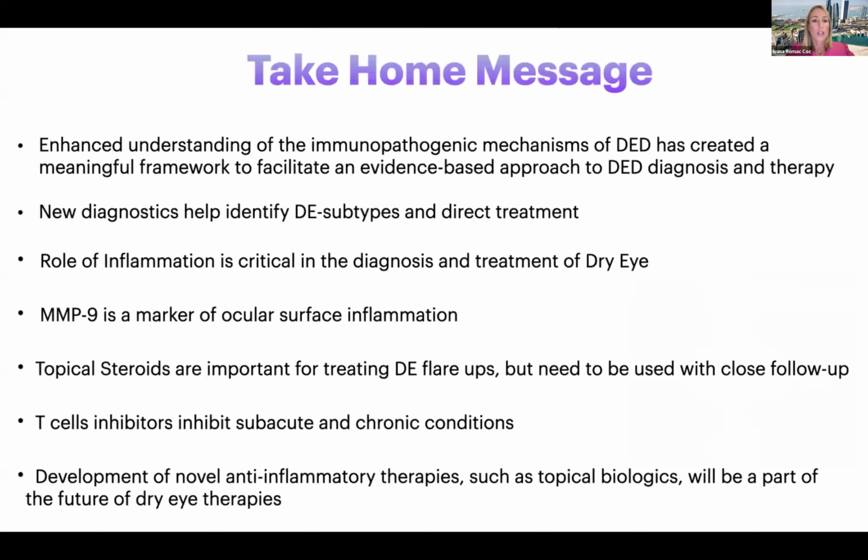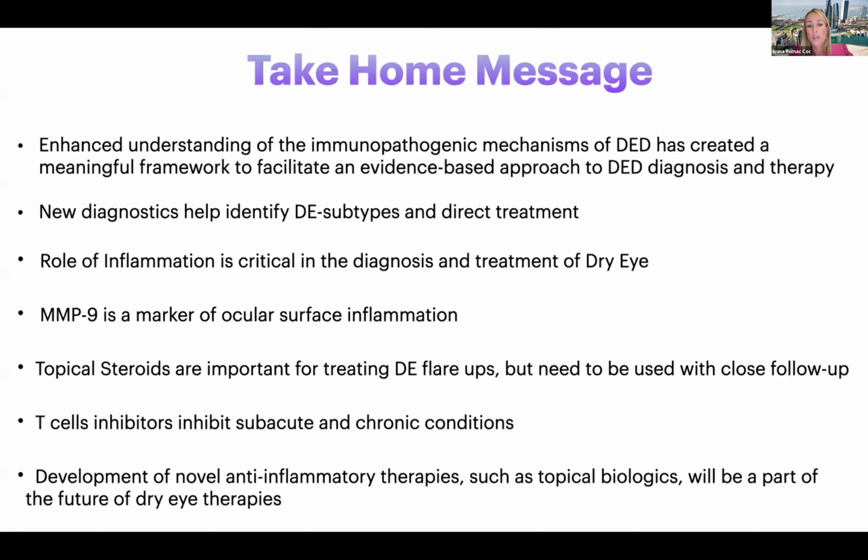So in conclusion, enhanced understanding of the immunopathogenic mechanism of dry eye disease has given us a meaningful framework to facilitate an evidence-based approach for dry eye disease diagnosis and treatment. New diagnostics help us to identify dry eye subtypes and help us with the proper treatment. We know that inflammation plays a critical role, and MMP9 is a marker of ocular surface inflammation.